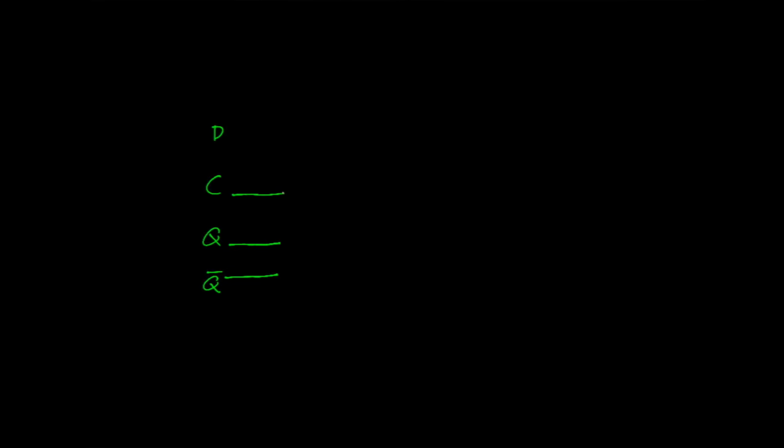C is 0, and D is 0. Suppose D transitions to true, like so. Nothing will happen until C is asserted. It's C that makes the latch transparent.